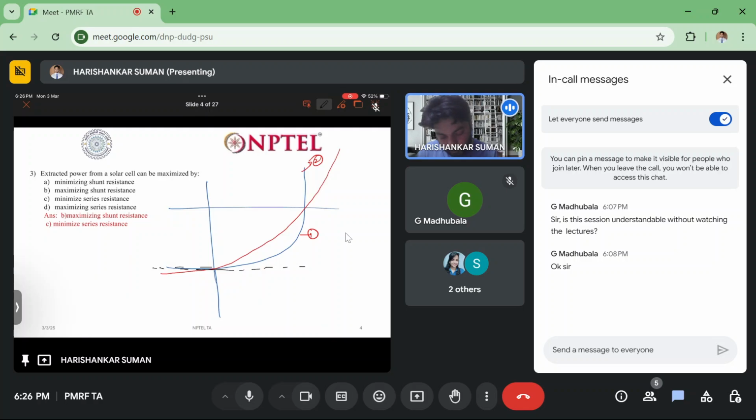Let's say we have the ideal in black. You can also calculate the area under the curve. This is the JV curve, this is V, this is J. Maximum area means maximum power. So black has the most, then blue, then red.